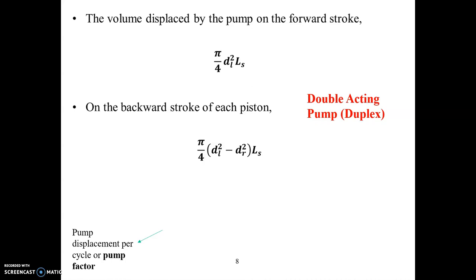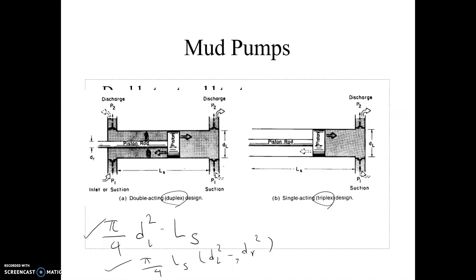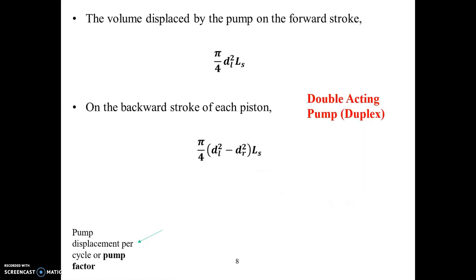One thing you need to be careful about here is that it's a duplex design, which means that there are two of these cylinders acting together, so you have to add these together and multiply by 2. That is going to be the pump displacement per cycle, or pump factor as they call it.